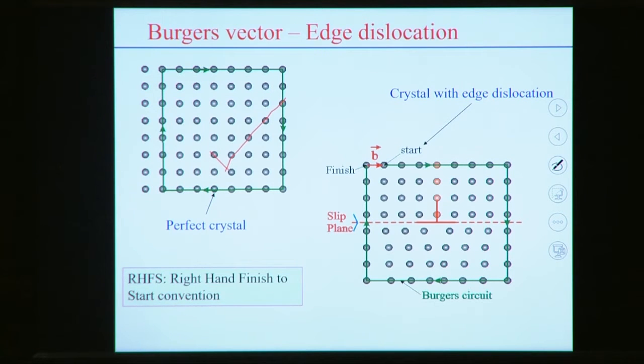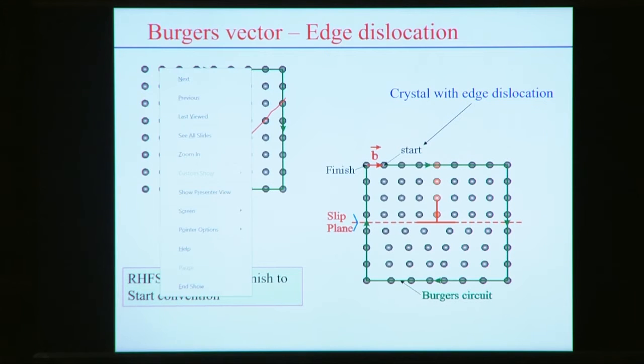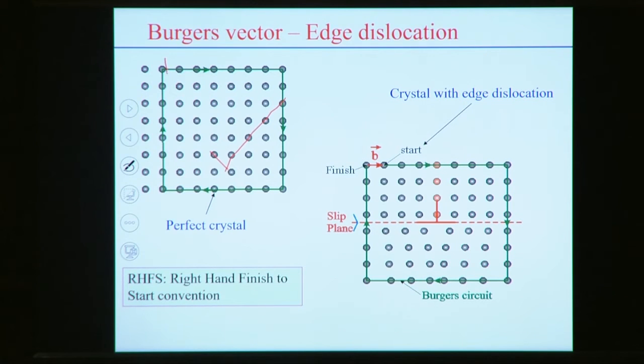If we start from one point, from this point, and make a closed circuit, that represents the perfect crystal. Closed circuit in the sense that the total number of atoms covered along the vertical line and along the horizontal line are the same, and the upper side and lower side cover the same number of atoms. This is true for the perfect crystal.